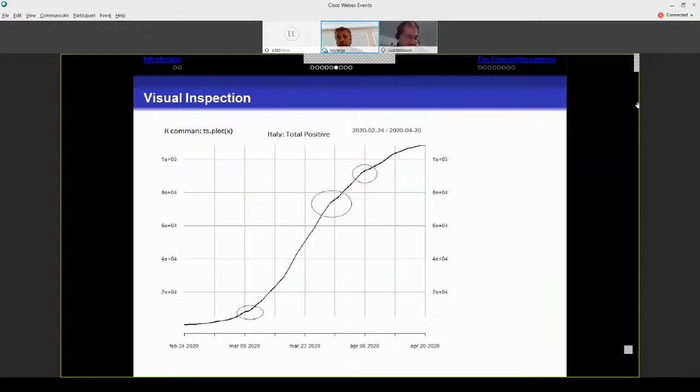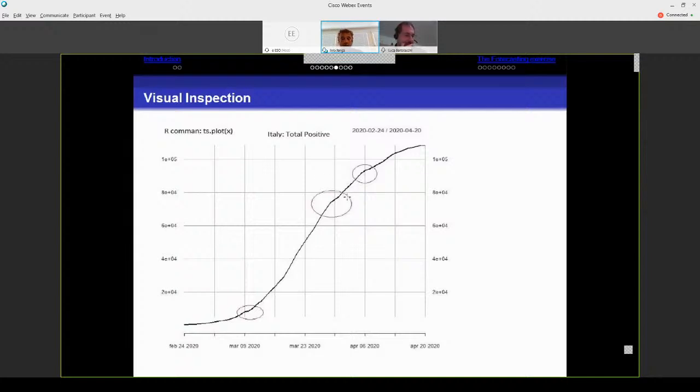You can just copy the commands, go to the Istituto Superiore di Sanità, the Italian National Institute of Health, and get the data, and the program will work right away out of the box. It's very easy. And the rest of this presentation goes in this direction.